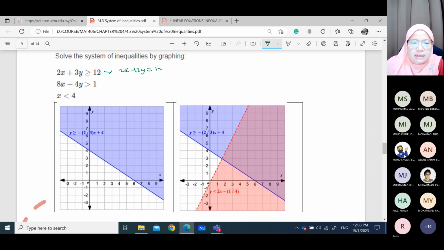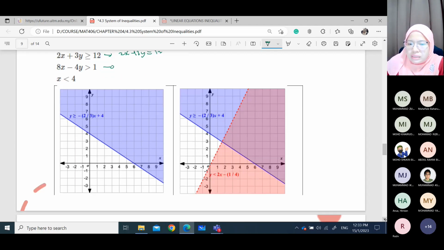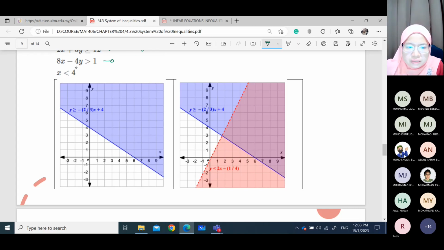And second, kita tambah lagi satu inequalities, satu lagi graph, which is 8x minus 4y greater than 1. So this is the graph, dash line yang ini. Okay, so the region is below the graph, berada di bahagian bawah.